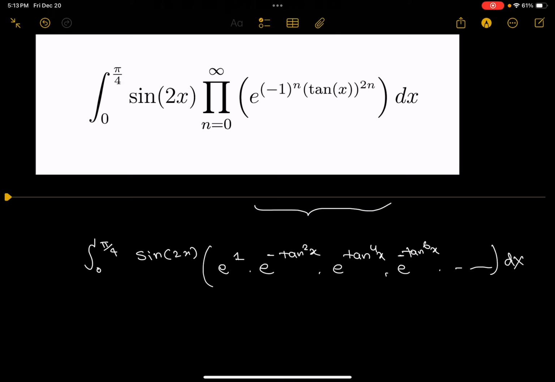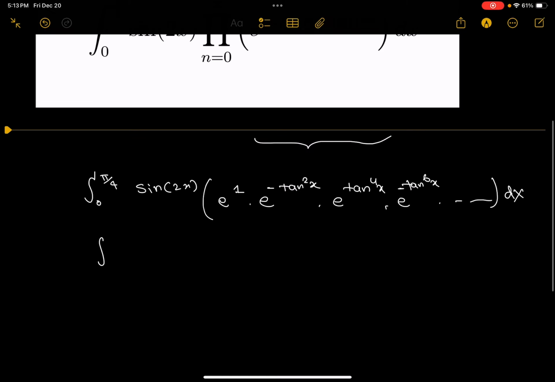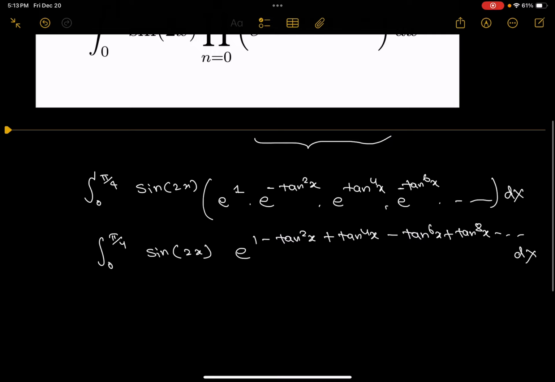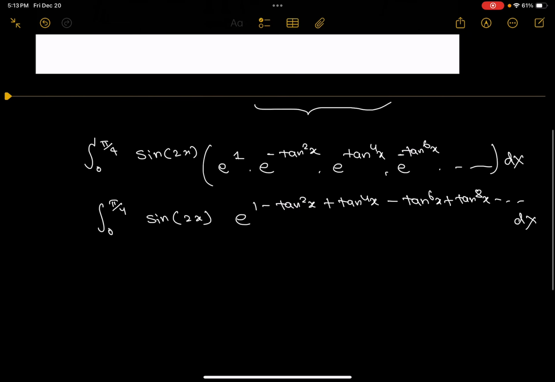So the integral from 0 to pi by 4 of sine 2x times e to the power 1 minus tan square x plus tan to the power 4x minus tan to the power 6x plus tan to the power 8x, and it goes on, dx.